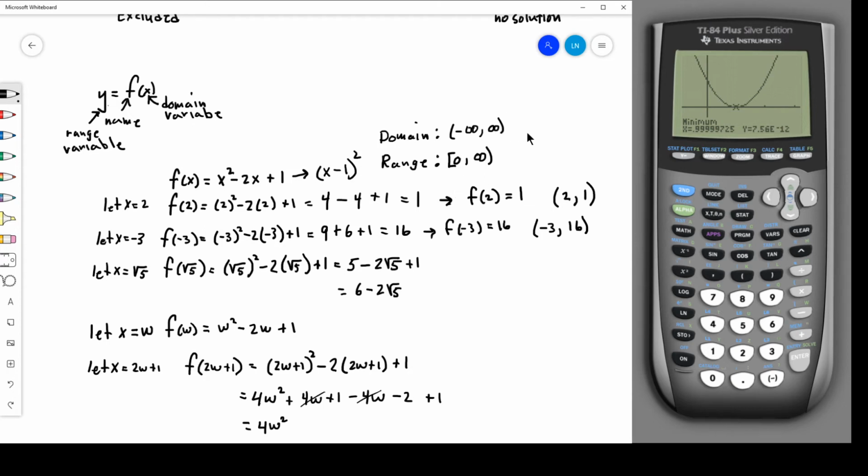So this is basically saying that x is between negative infinity and positive infinity, and y, we are including 0, is between 0 and positive infinity. You can find the range by fiddling around on the calculator, or fiddling around with the algebra. Either one of those is fine.